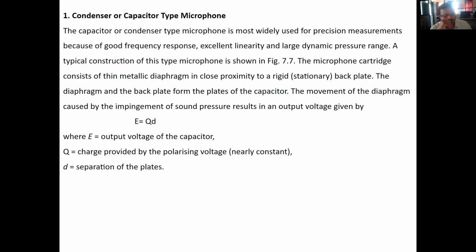The diaphragm and the back plate form the plates of the capacitor. The movement of the diaphragm caused by the impingement of sound pressure results in an output voltage given by E = Q/D, where E is the output voltage of the capacitor, Q is the charge provided by the polarizing voltage, and D is the separation of the plates.